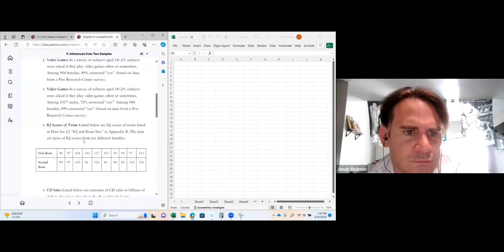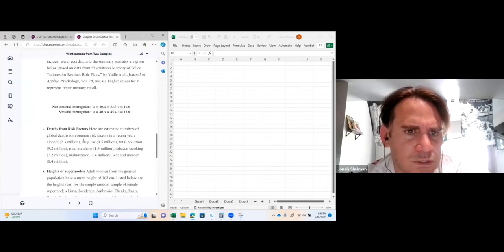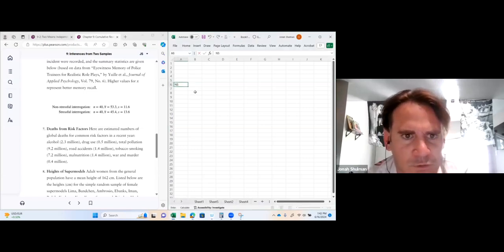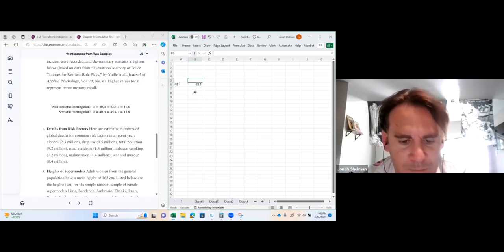All right, here's this cop situation. Mean 1 is 53, so we've got non-stressful. We got 53.3, that's the mean, and we got our standard deviation at 11.6.